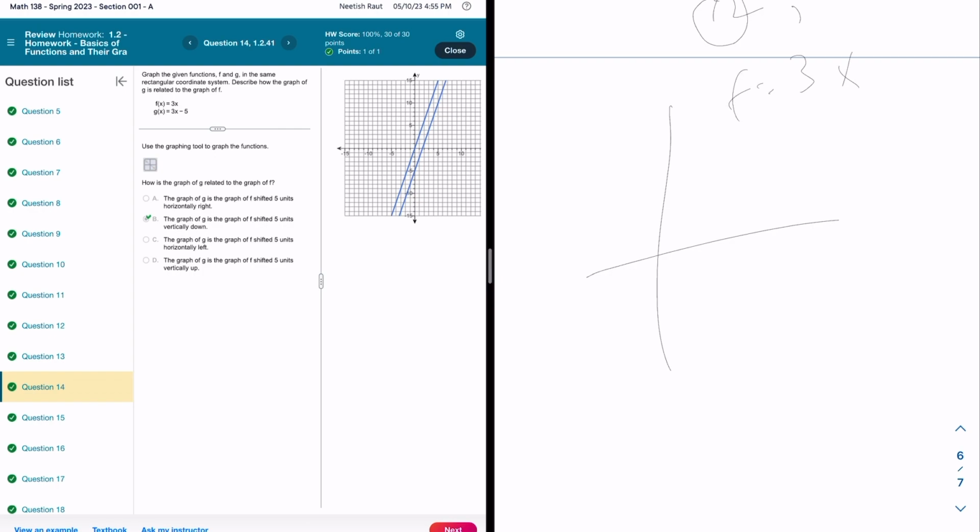So plug in x as minus 1 and see how much it will give. X is minus 1, then it will give minus 3, then the graph will go like this, right? And again plot g(x), 3x minus 5.